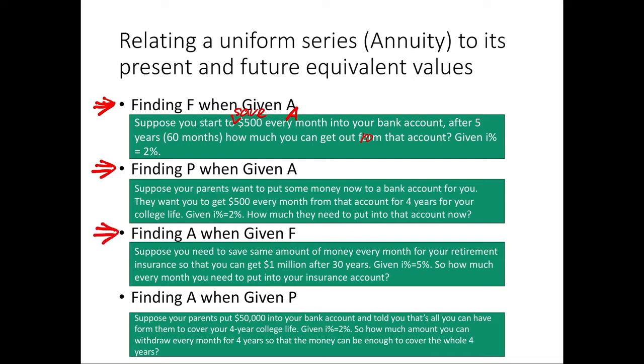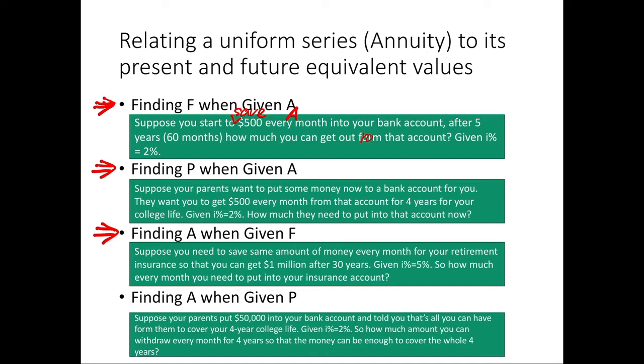Also very useful. And then the third scenario is to find the annuity when given a future value. Okay, suppose you need to save the same amount of money every month for your retirement insurance plan, right? That's what we do. You save some money into that insurance plan, and then when you get retired, you can withdraw a lot of money from that insurance plan.